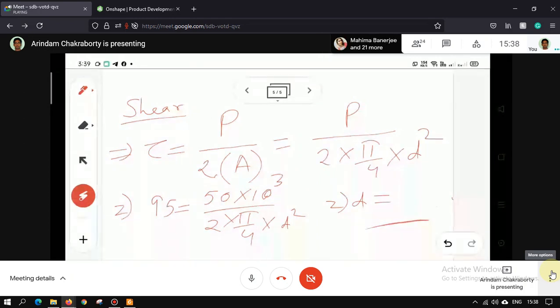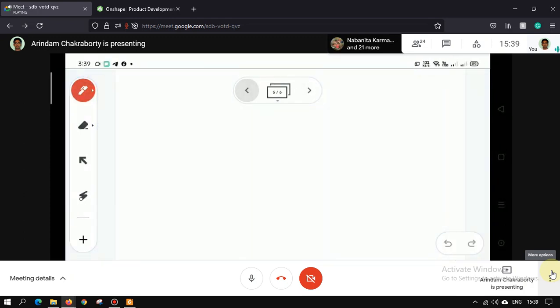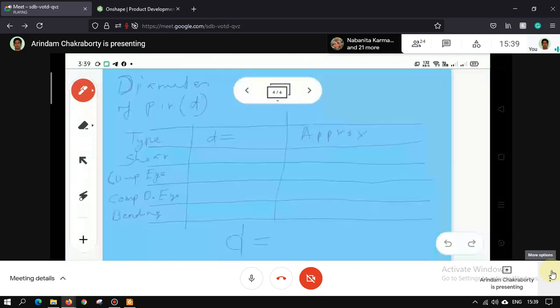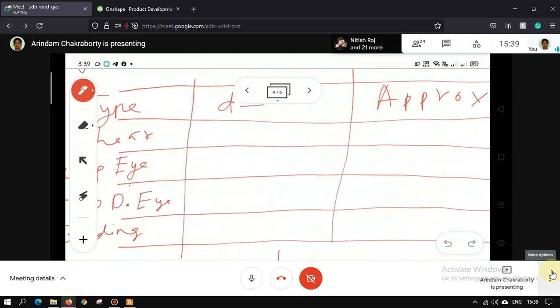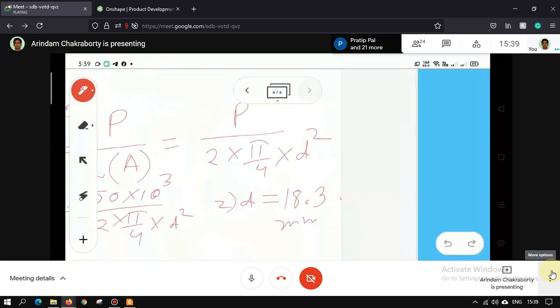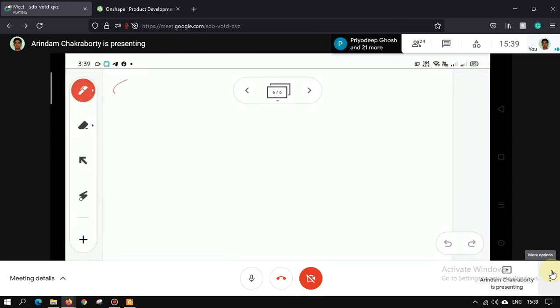Okay, fine, not an issue. 18.3 millimeter. Let us go back to the table and write the value of D here. We have got 18.3 and we have approximated to 19. Fine, so it is okay. Next is compressive I.